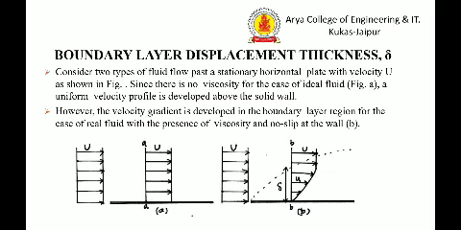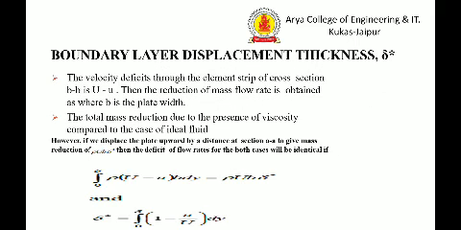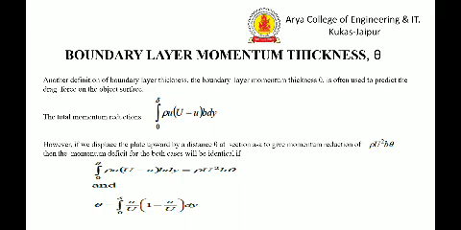However, a velocity gradient is developed in the boundary layer region for the case of a real fluid, with the presence of viscosity and no slip at the wall, as in B. The velocity defect through the elemental strip of cross section is U minus u. Then the reduction in mass flow rate is obtained as shown, where b is the plate width, and these equations give the boundary layer displacement thickness.